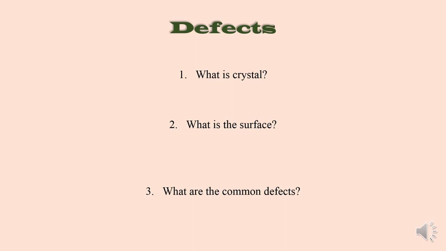How will this affect the electronic properties of the material? Can we stay with this defect? Which material is suitable for integrated circuit fabrication and which is not? We discuss all these topics. Many types of defects we discuss in this lecture series.